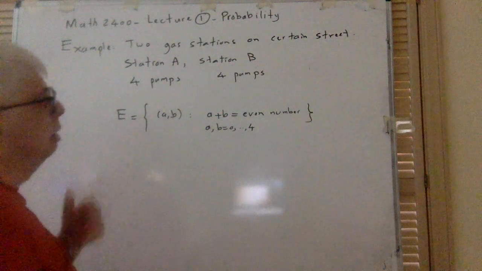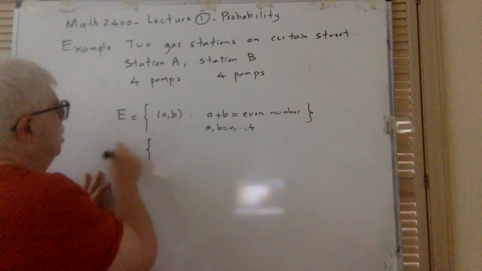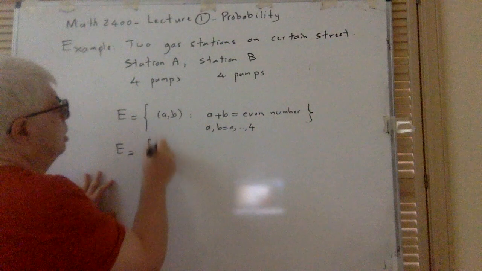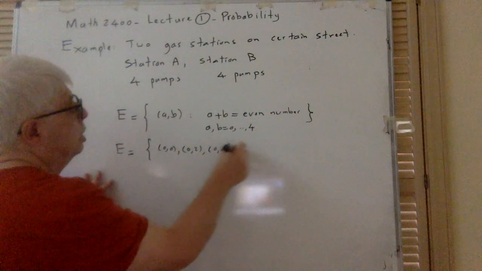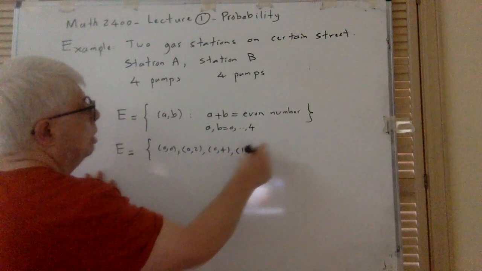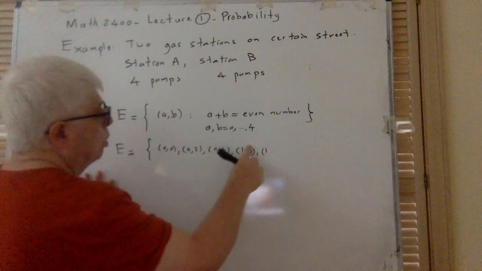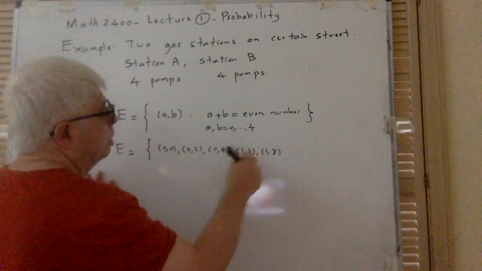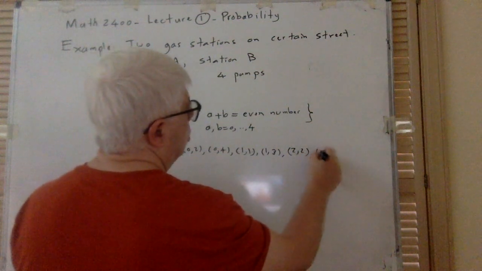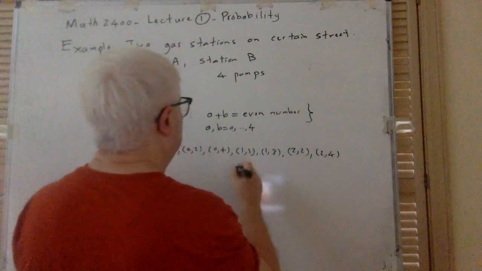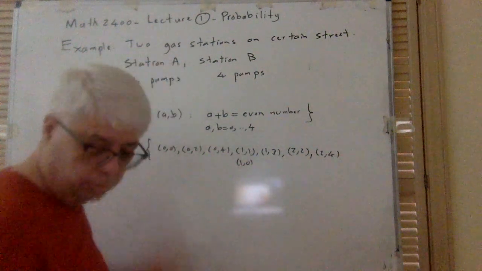Or we can list them, considering 0 to be even: it can be 0, 0; 0, 2; 0, 4; and 1, 1; 1, 3; and then 2, 2; 2, 4; and I forgot 2, 0.